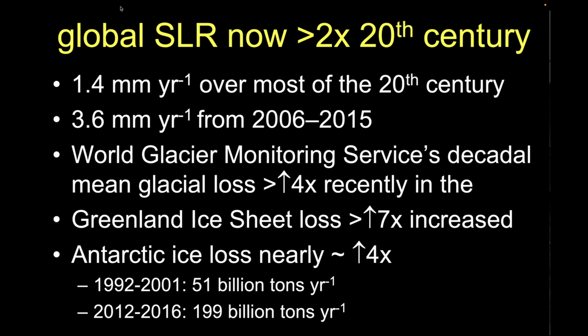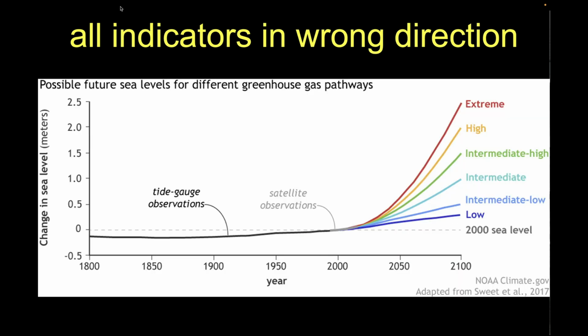Greenland is about 7 times its historic rate. Antarctica is about 4 times its loss rate.